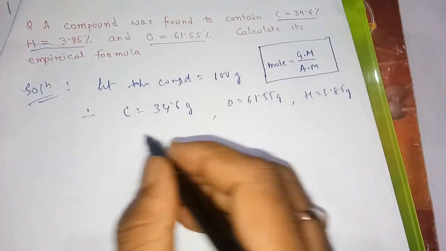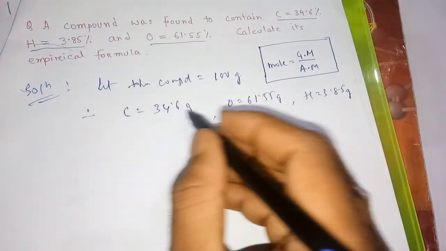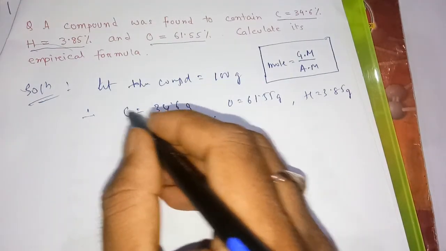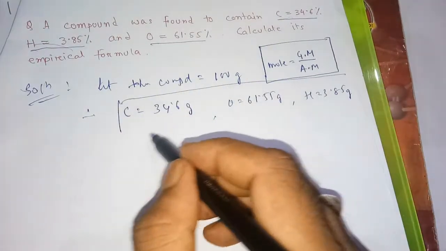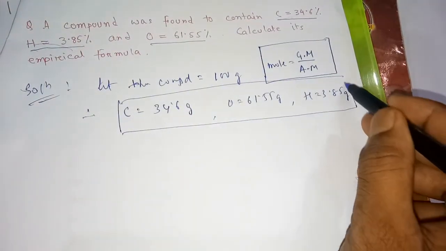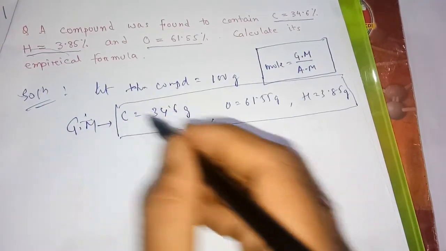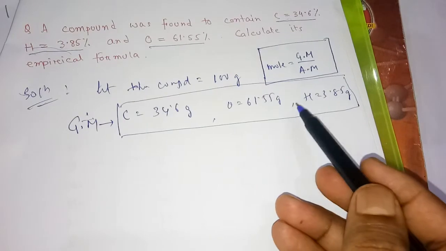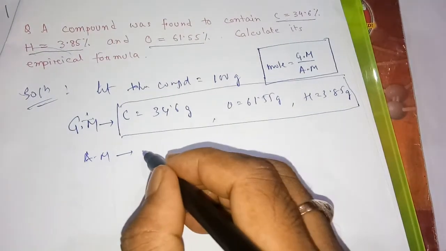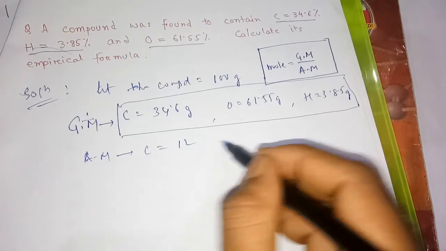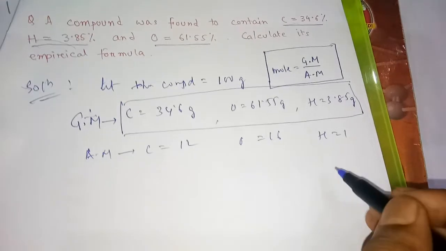So this is the given mass. All these things, students, are your given mass. I am writing GM, given mass of carbon, given mass of oxygen, and what is the atomic mass: carbon is 12, oxygen 16, hydrogen is 1.